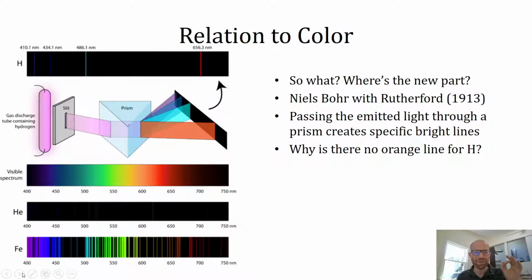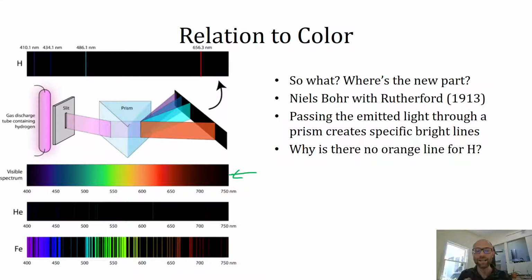However, that's not really where the interesting thing happens. The interesting part is that if you were to take some of those tubes that we saw before, and pass that light through a prism, you would actually see something very interesting. What we have here is our visible spectrum of light, that full rainbow that we're used to seeing. And then what you have here is the light that you get from just hydrogen.